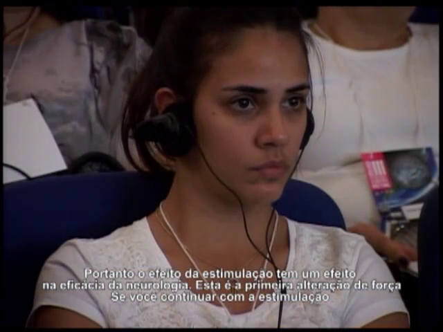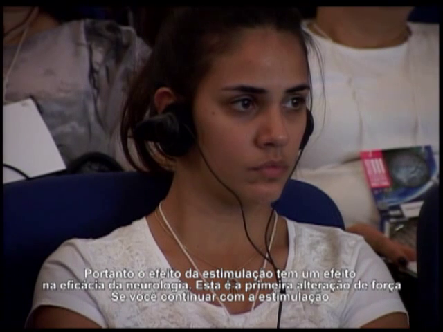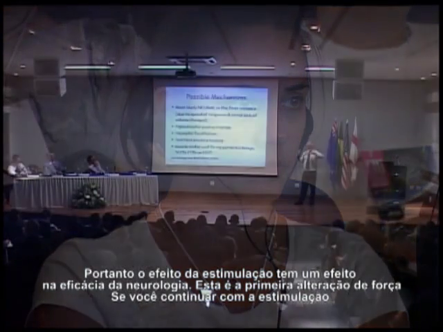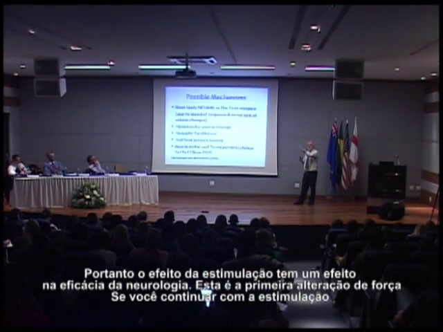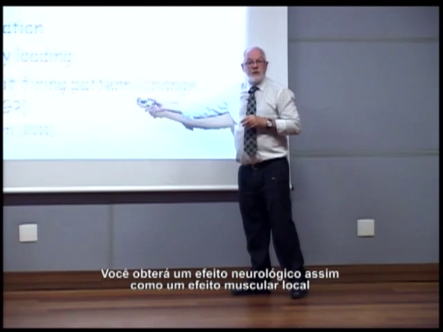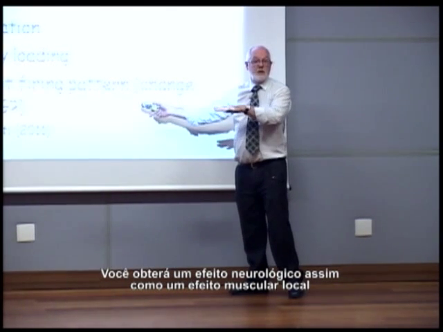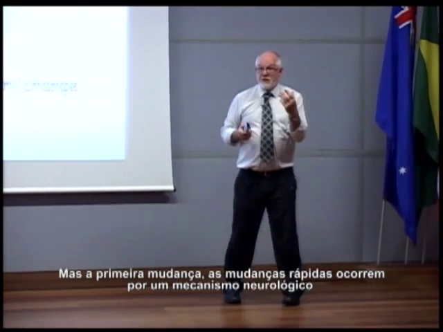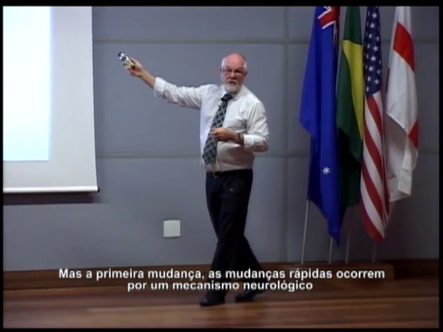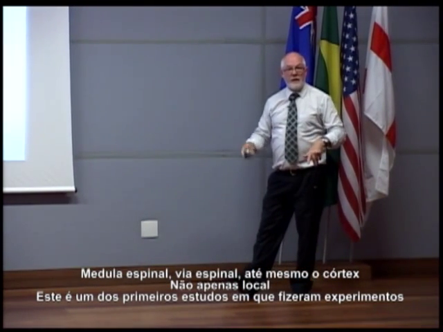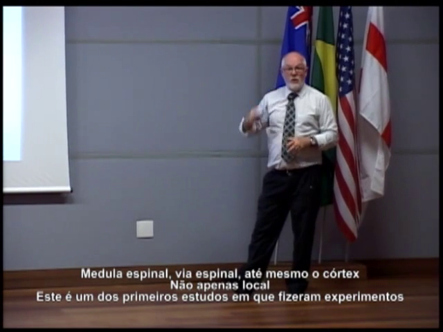So your electrical stim has an effect on the efficiency of the neurology. That's your first change in strength. If you keep doing stimulation, you have a neurological effect and you have a local muscle effect as well. But your early changes, your fast changes, are driven by a neurological mechanism. Spinal cord, spinal pathway, even cortex, not just local.